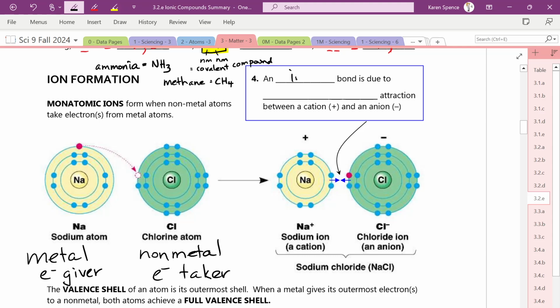And an ionic bond is due to, does anyone remember that word for things to do with charges? What kind of attraction? Electrostatic attraction.